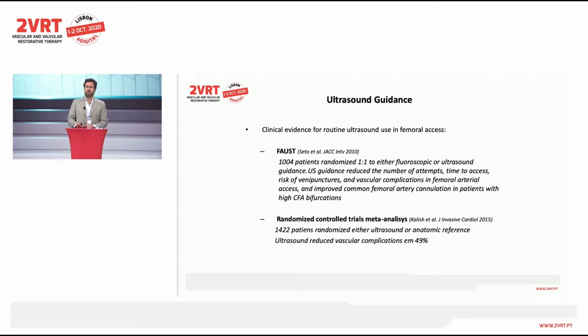Why are we talking about ultrasound after all these things we've been talking about? Because we have the FAUST study, and we've had lots of randomized clinical trials about the use of ultrasound guidance.